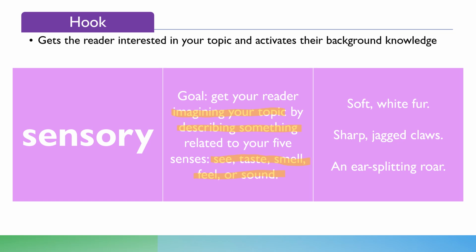If you look back at that last slide, you'll see it's all about polar bears. And so I wanted them to imagine that the polar bear had soft white fur, or maybe to be nervous because the polar bear has sharp, jagged claws, or to imagine they can hear the polar bear's ear-splitting roar. All of these things are sensory. They're connected to what you could experience with your 5 senses.